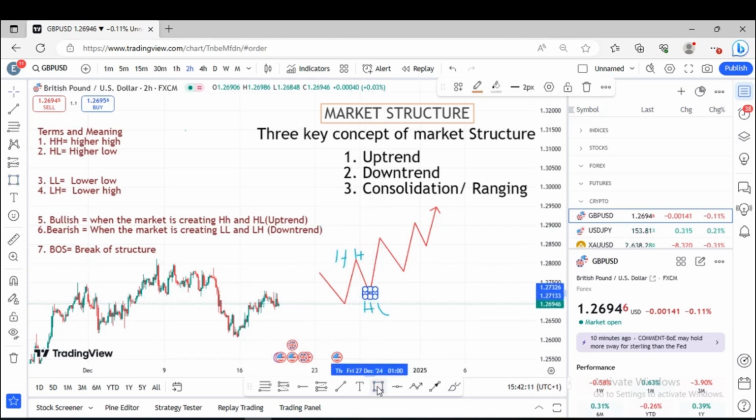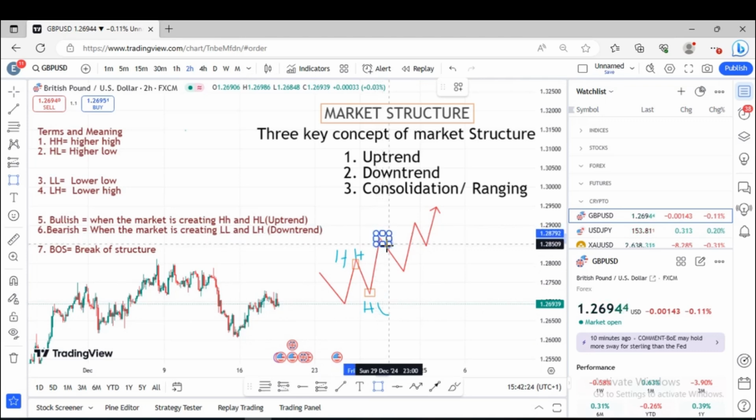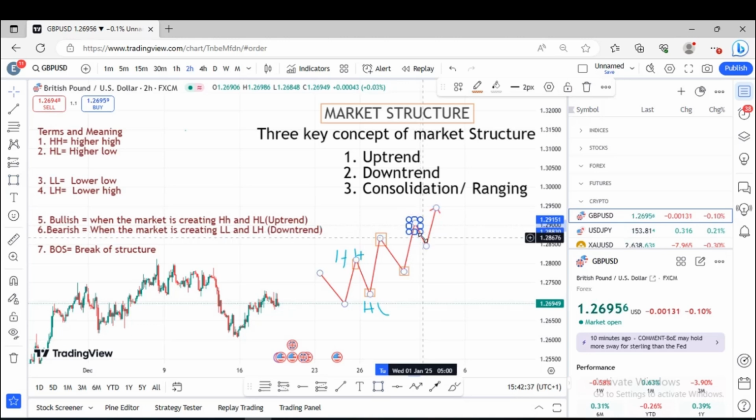This point is the higher high. This point is another higher high. Here is another higher high. Then here is another higher low. Here is another higher high, and here is another higher low.